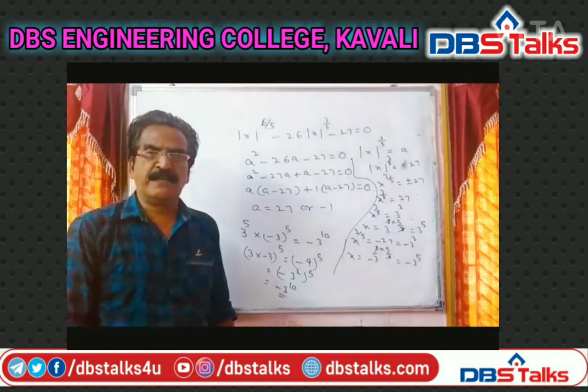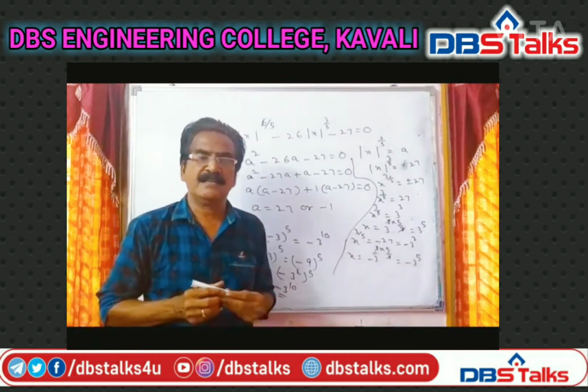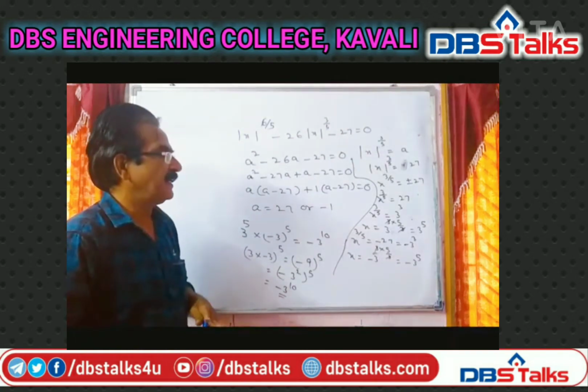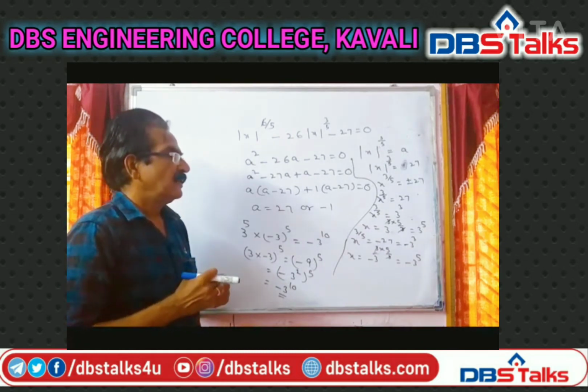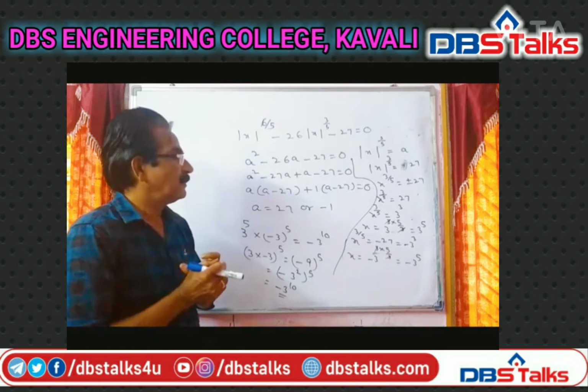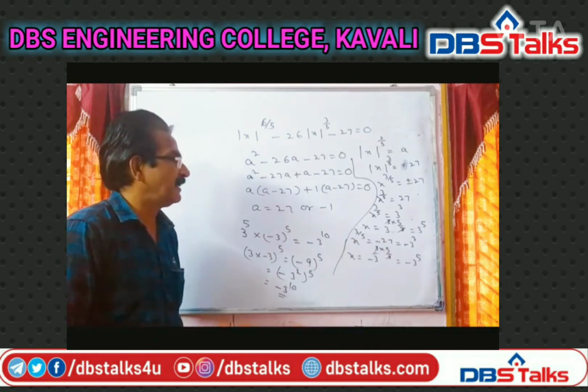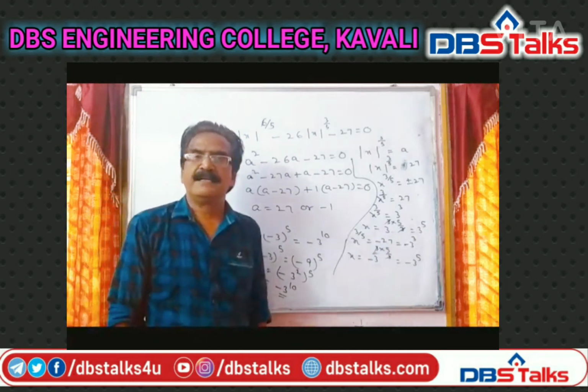So this is your answer, friends. 3^5 into minus 3^5 is equal to minus 3^10. Okay, friends.